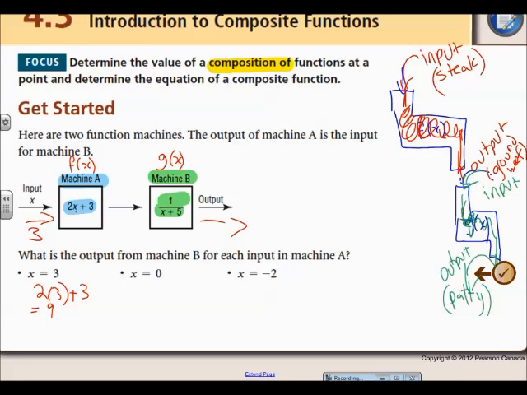That 9, the output of machine A, now goes to the input of machine B. So now we take that into the second machine, 1 over x plus 5, so 1 over 9 plus 5, which gives us 1 over 14. And then we do the same thing with the 0, starts right through the beginning, and the negative 2.